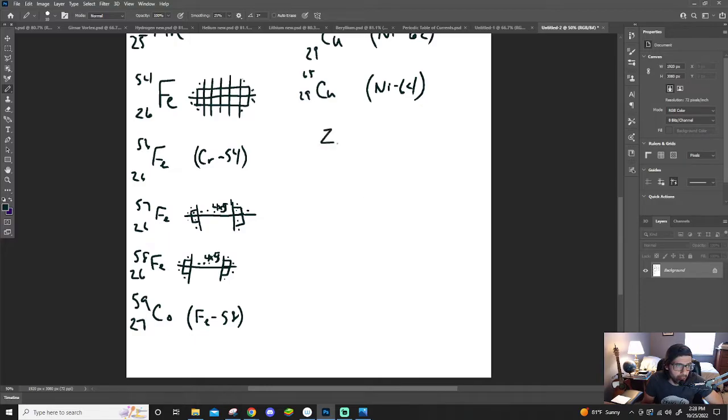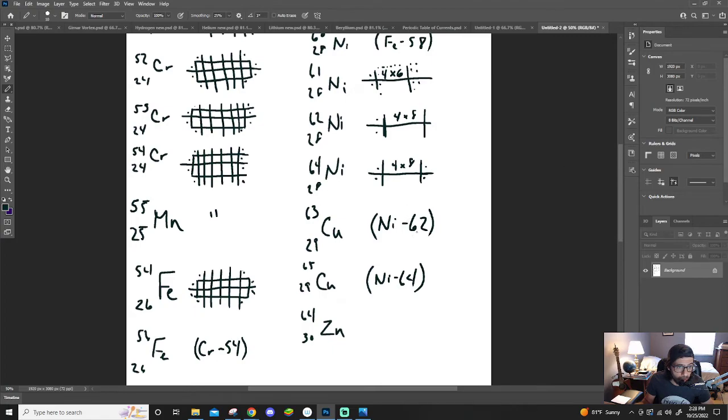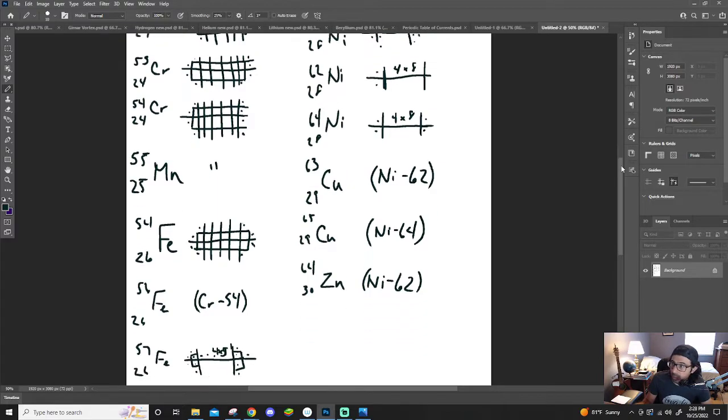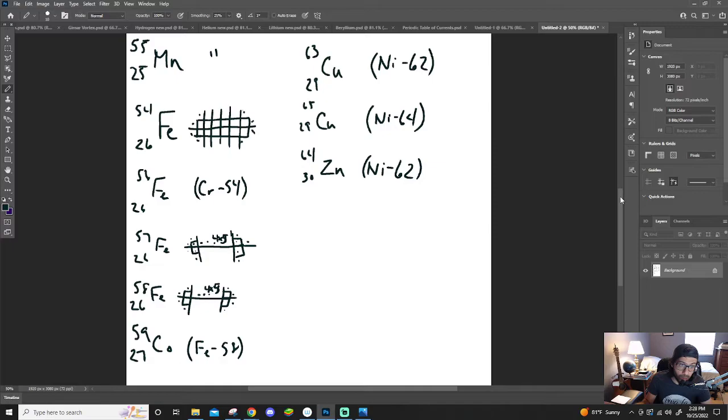Zinc 30, 64. So this one's got a 34 neutron arrangement, which is basically this one. Same arrangement again. And that's the most abundant also.